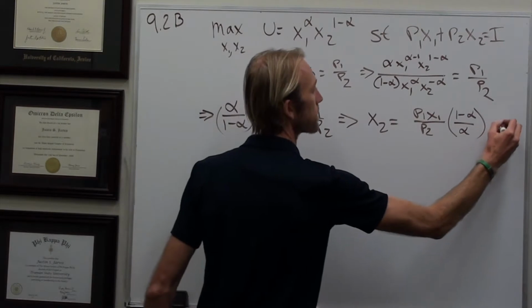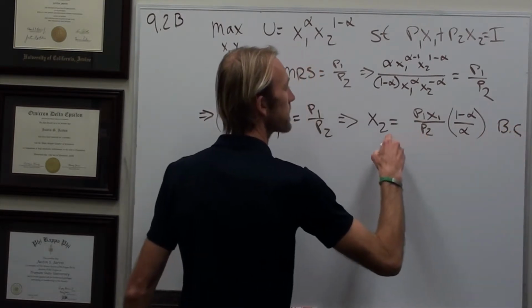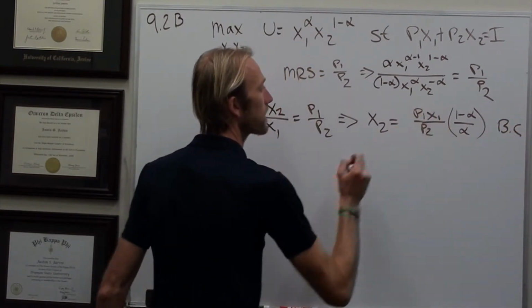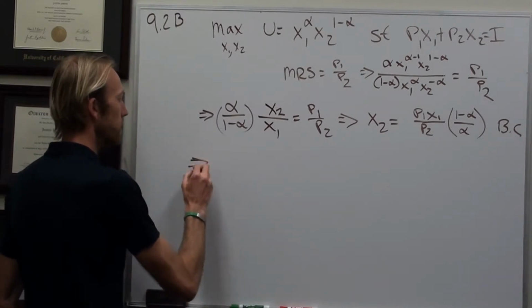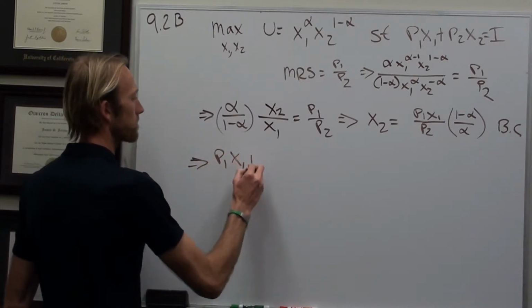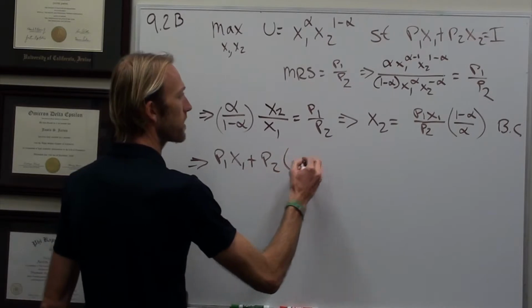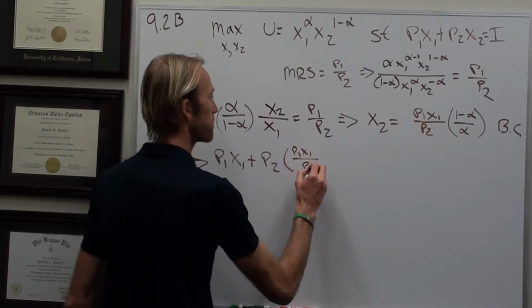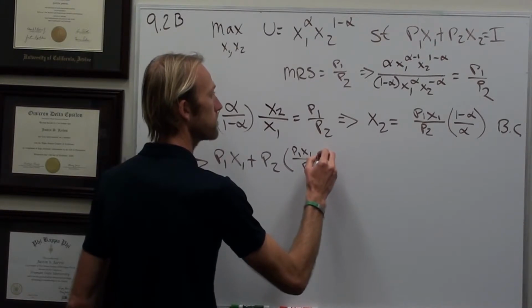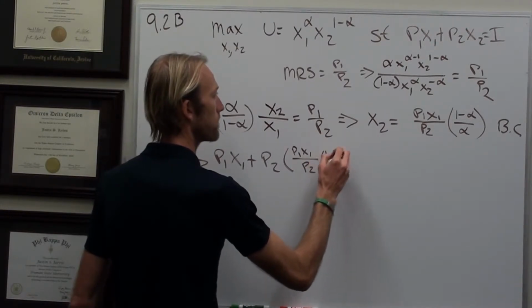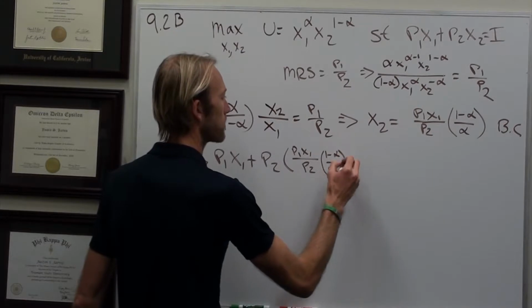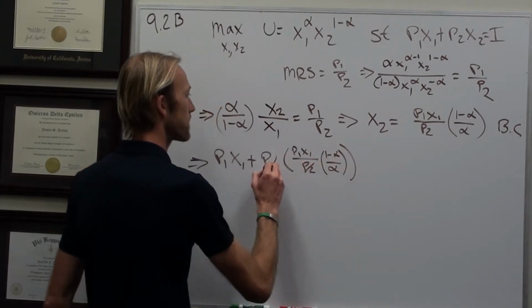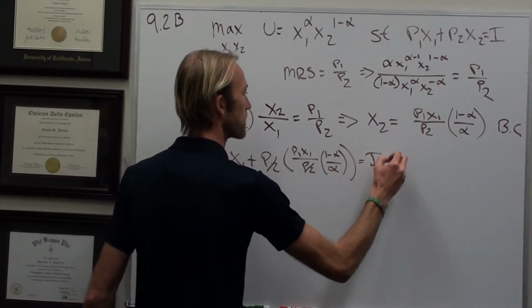Now I have to plug into the budget constraint because this has x2 and x1, two endogenous variables. So this implies that p1 x1 plus p2 x2, let's do this, p1 x1 plus p2 times x1 p1 over p2 times 1 minus alpha over alpha. The p2's cancel, is equal to income.